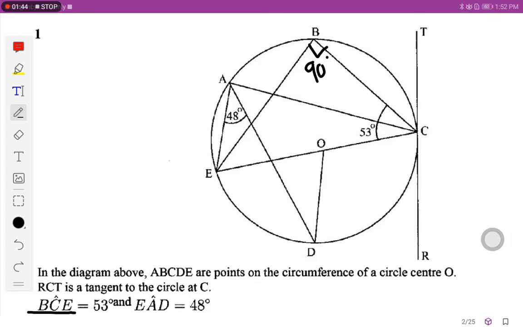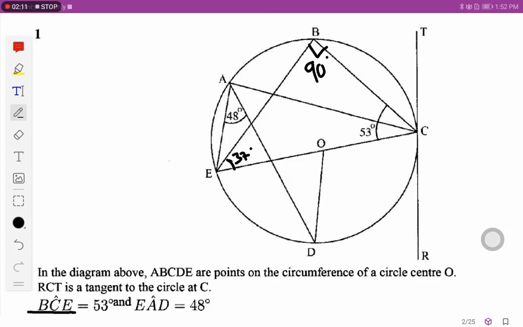Let me just subtract. We are saying 180 minus 90 minus 53, that will give us this angle here. I'm getting 37 there. So I will write 37 for this angle.